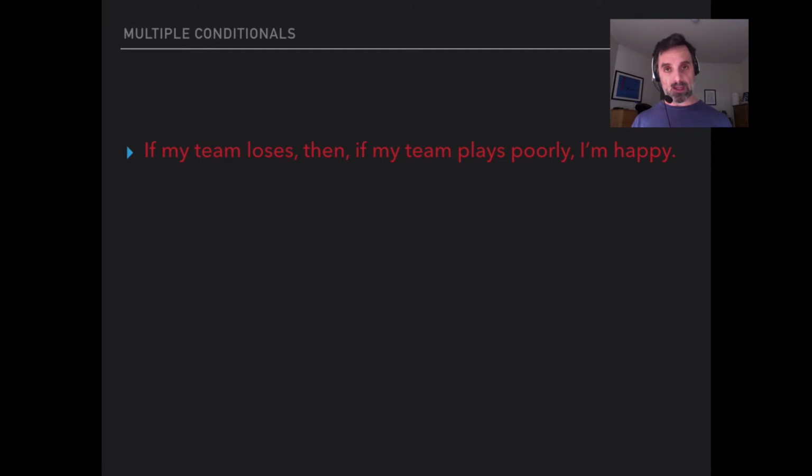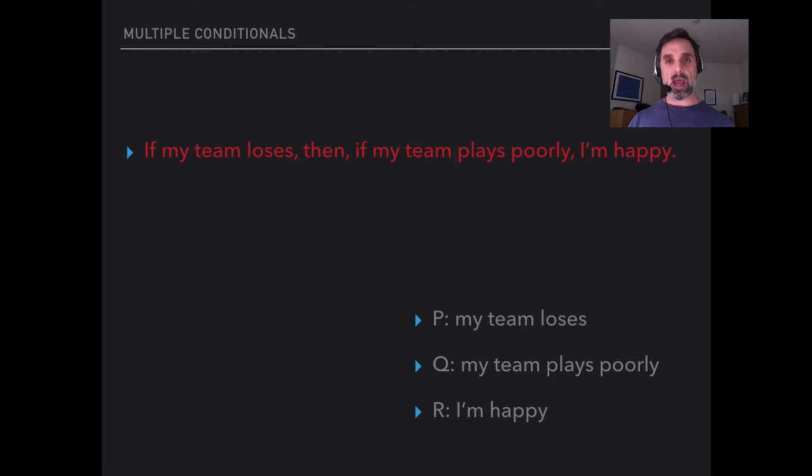So let's look at how we might symbolize some of these sentences, and let's look at the two team sentences to do that. So we have, if my team loses, then if my team plays poorly, I'm happy. We'll use P for my team loses, Q for my team plays poorly, and R to symbolize I'm happy. This sentence has an if at the beginning, and then a then shortly thereafter.